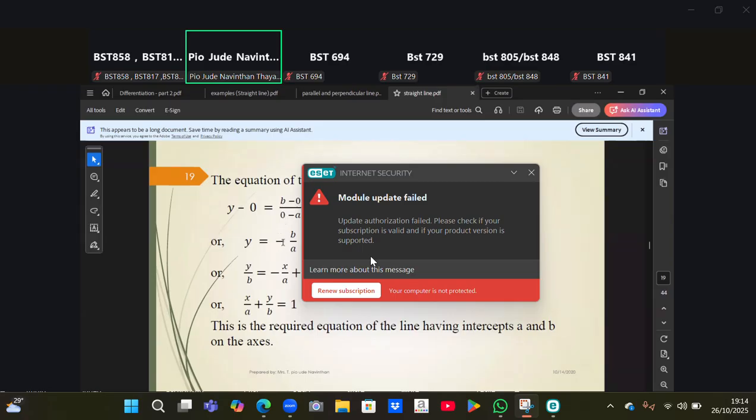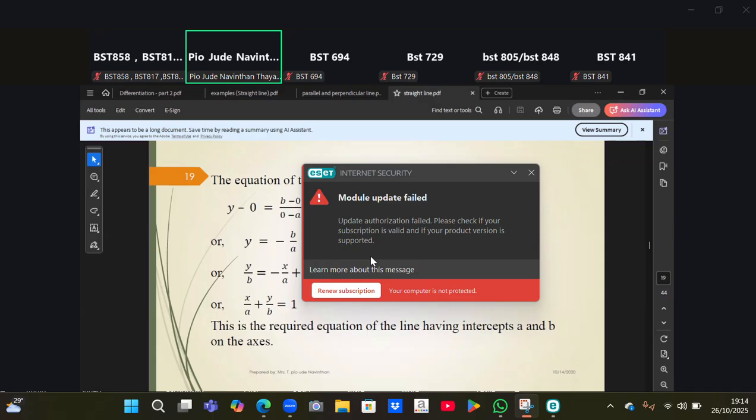Okay. So minus is there. After that, we can multiply this equation. Minus b over a x, minus into minus plus b over a into a, that a and a are cancelled out, right?